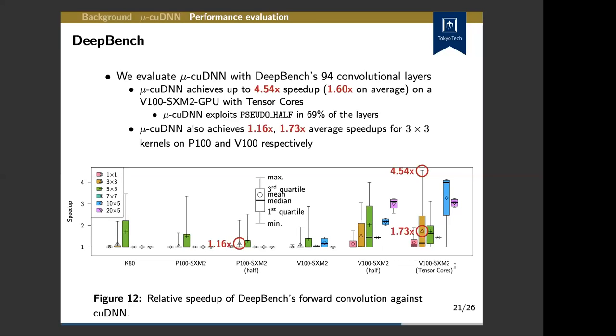And microcuDNN also achieves 1.2 or 1.7 times average speedup for 3x3 kernels on P100 and V100 respectively, which is one of the most frequently used filter sizes for convolutional layers.